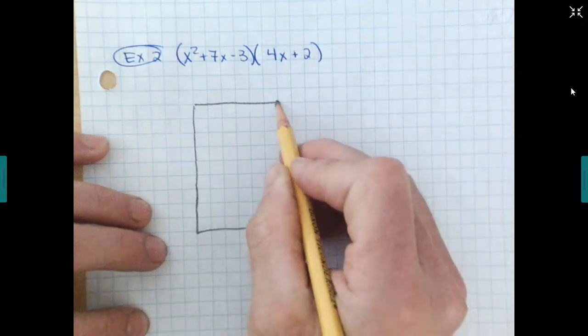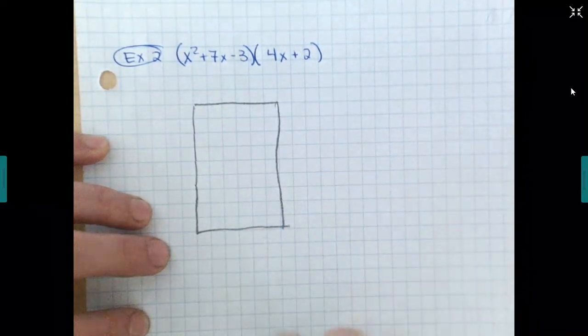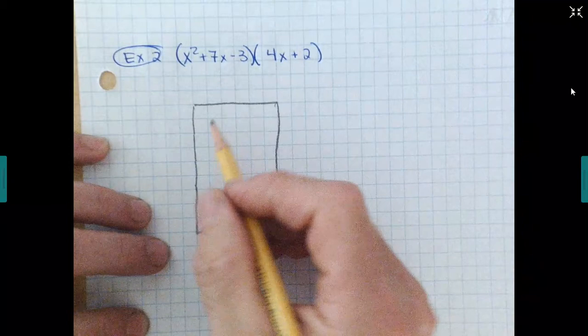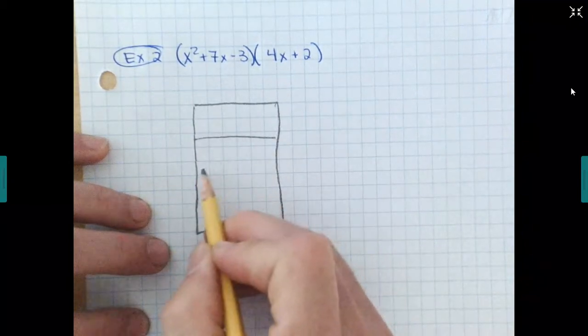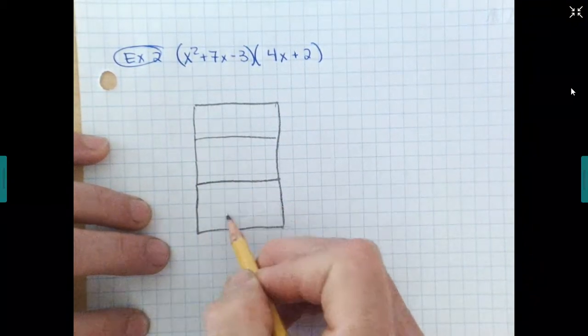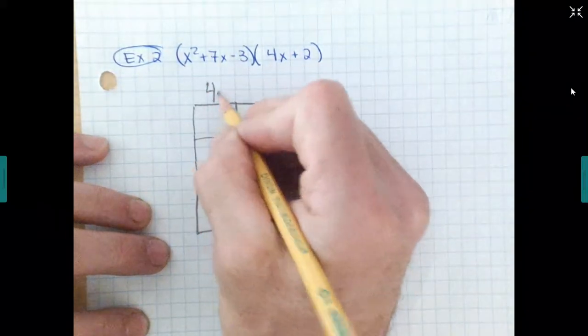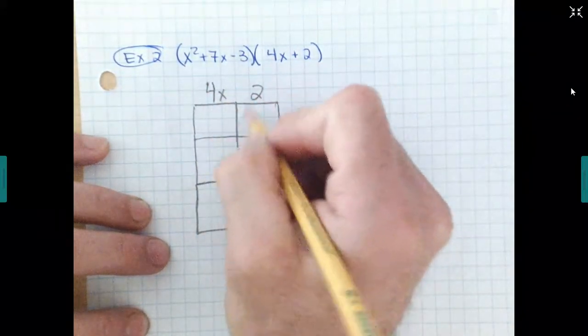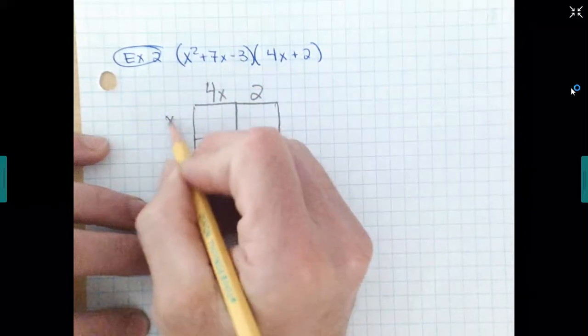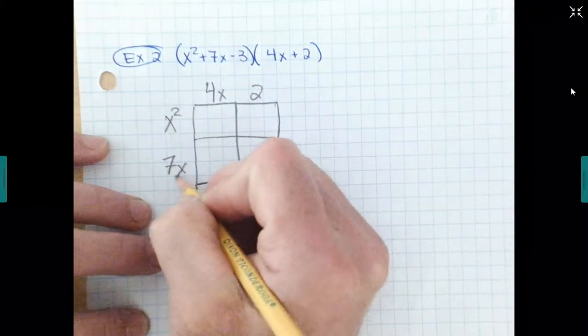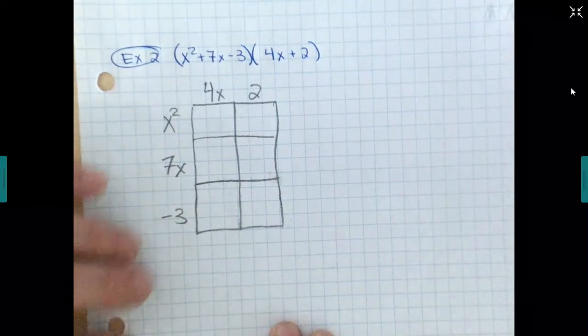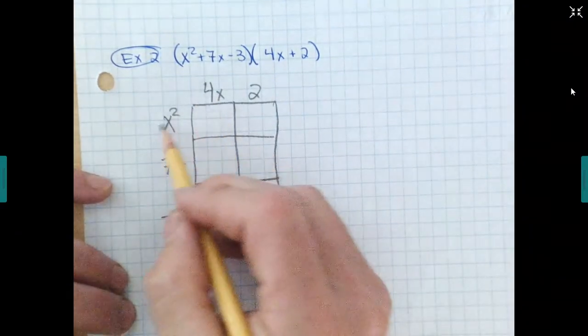I like space. It's better to have too much space than too little space. So I've got my 4x and my 2, because there are 2 rows here, and 3 columns here: x squared, 7x, and negative 3. And I just multiply them.